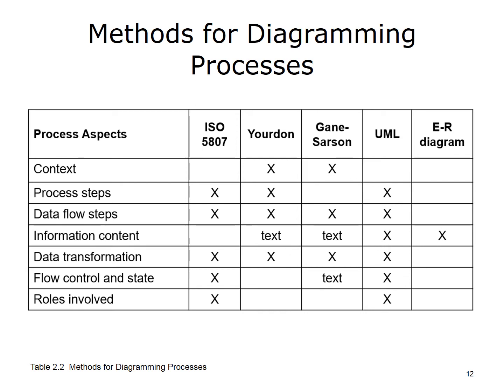Jordan represents context, process steps, and information transformation. Gaines-Sarson represents the latter 2 process aspects. Unified Modeling Language, developed a few decades after and heavily influenced by the earlier methods, was designed to represent all but the Jordan-style context diagram. The Entity Relationship diagram is designed to represent only information content.